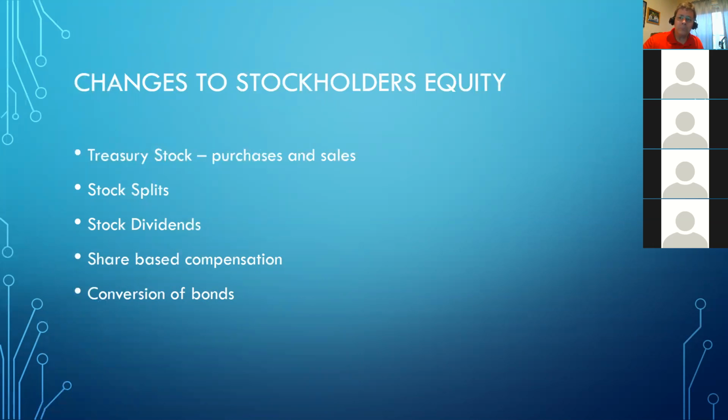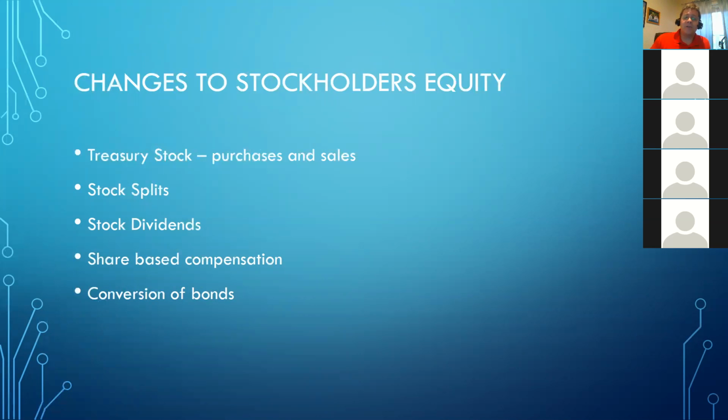When you resell it, you may sell it for a different amount than what you originally paid. You should always credit treasury stock for the amount you originally paid for those shares, and then you debit cash for the amount you sold it for. If those two numbers aren't the same, the difference goes to additional paid-in capital.